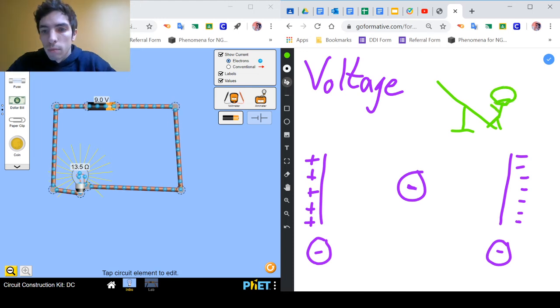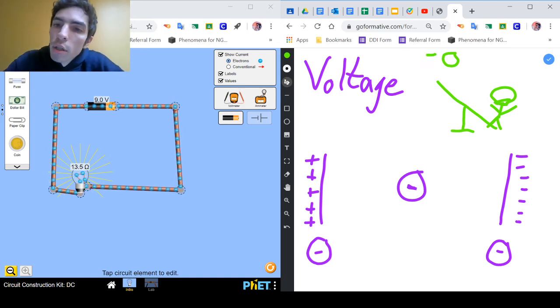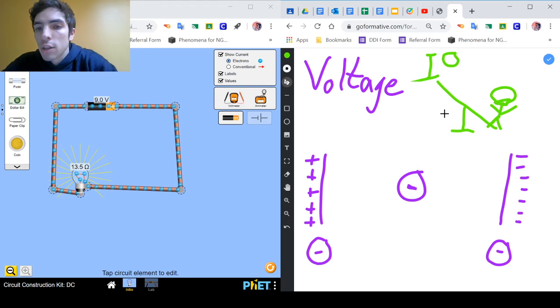And you are, for whatever reason, trying to launch them. Maybe they've asked you to do this, launch them into a foam pit at Sky Zone. I don't know what you all want to do with this power that you have in knowing physics, but let's say that you dropped a 10-pound weight on this side of the seesaw, and you were trying to launch them into a foam pit, safely, of course, but still certainly dangerous no matter what.